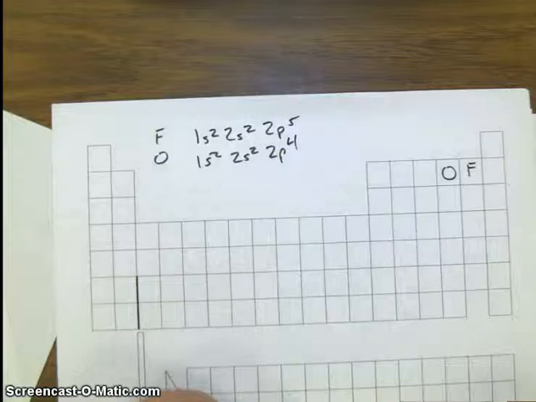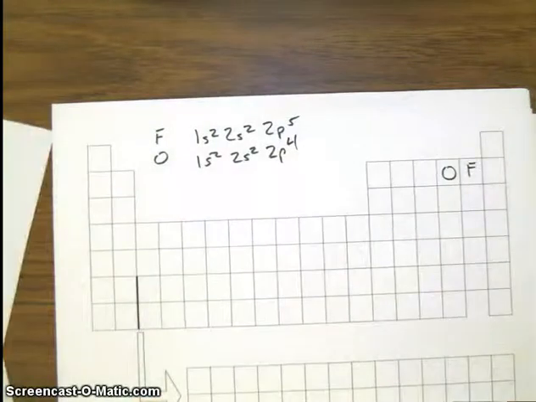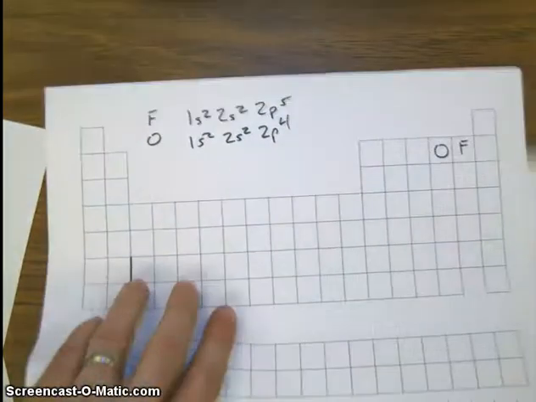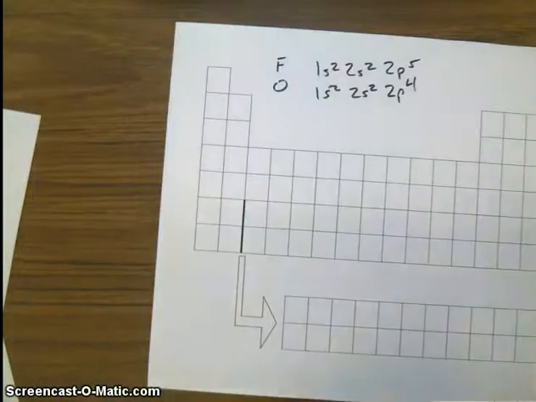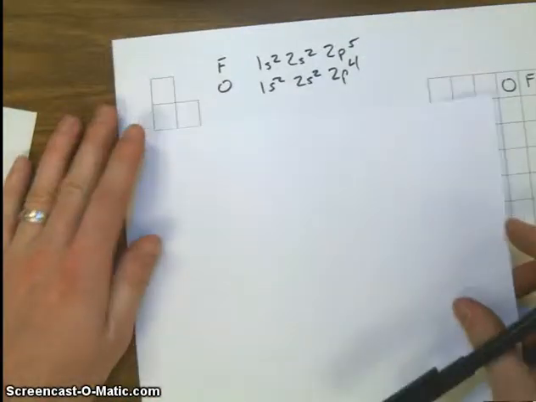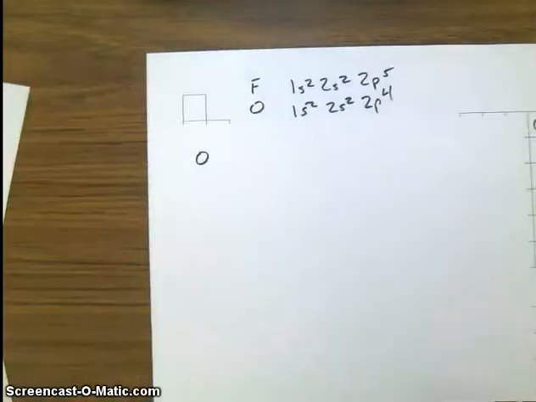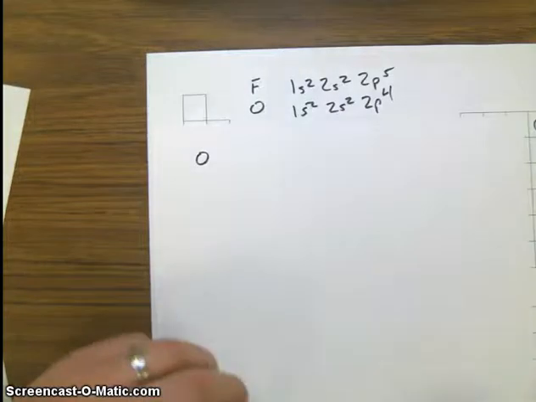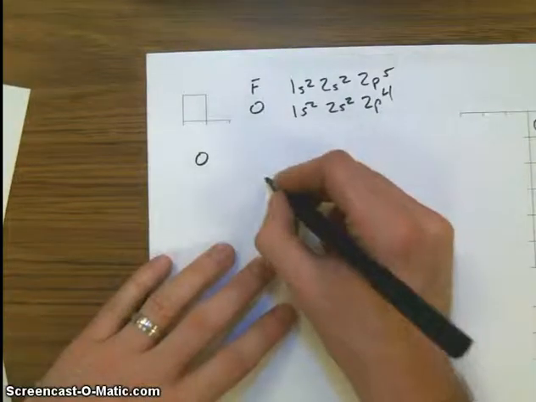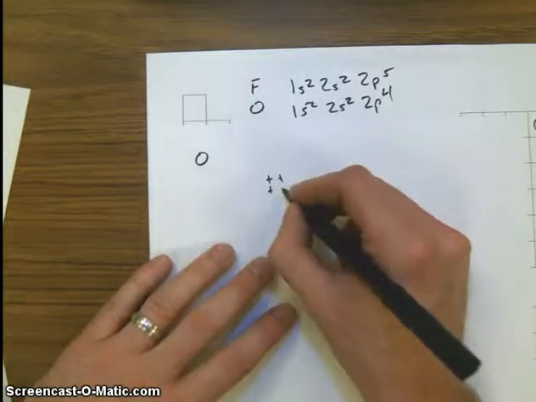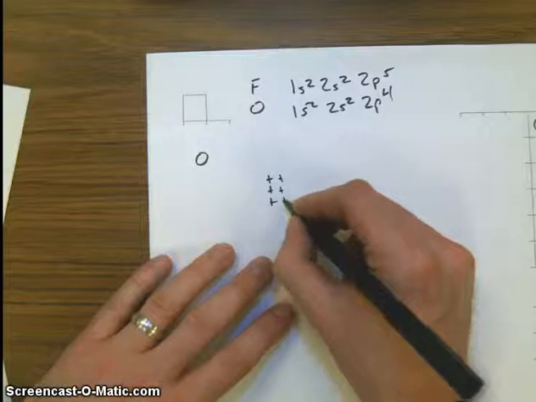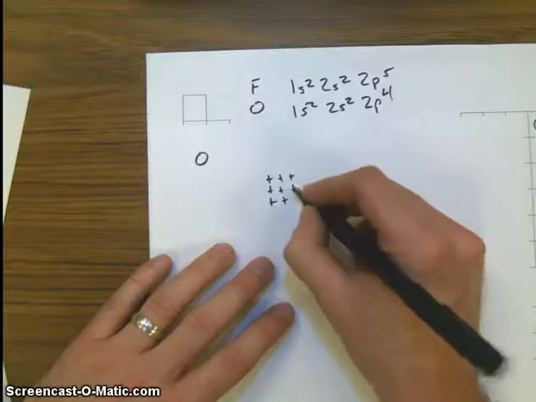Okay, now we have to talk about effective nuclear charge. So let's go back and draw a picture of what's happening for both of these atoms. For oxygen right here, we have a total of 8 protons in the center of it. So I'm just going to draw 8 pluses. And I'm not going to bother drawing all of the neutrons.